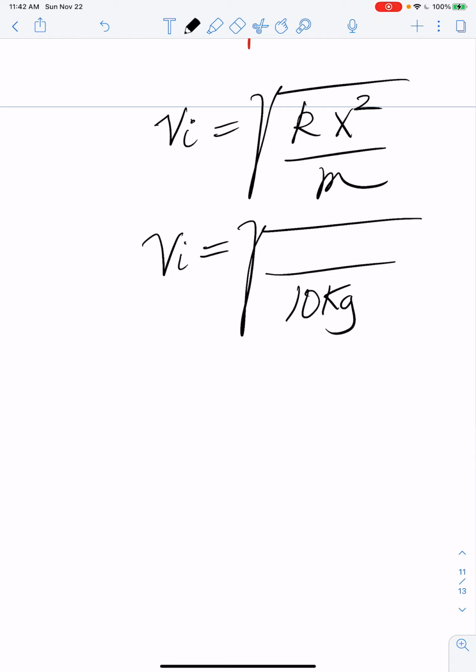Oh, geez, it's just 22. Oh, okay. Anyways, this is going on too long. K is equal to, they tell us, 250 newtons per meter. And it's compressed by 60 centimeters, so 0.6 meters.